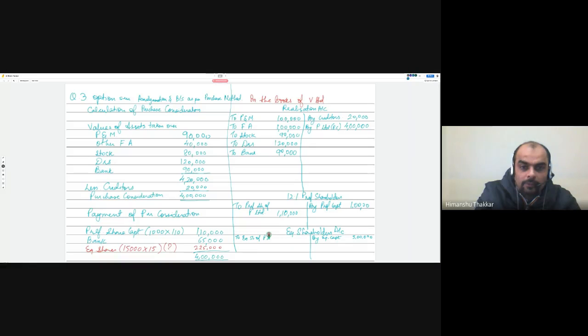What is the amount? 2,25,000. Okay. Equity shareholders are also to get the reserves of the business. So just write the entry of reserves.